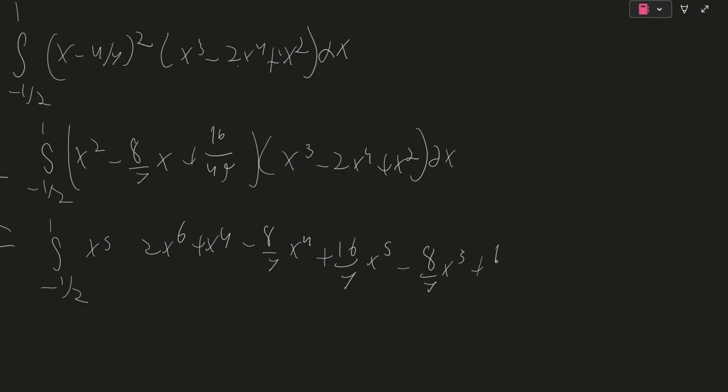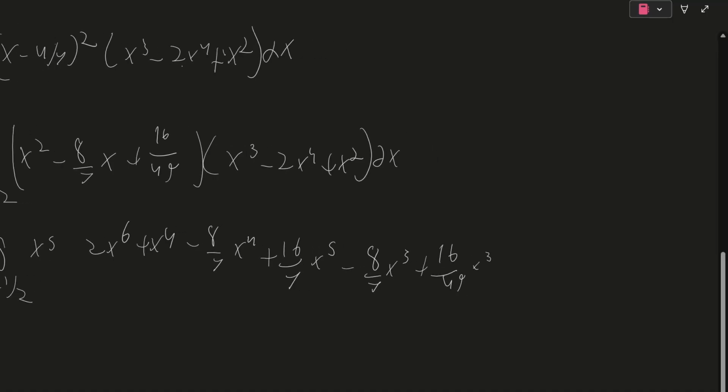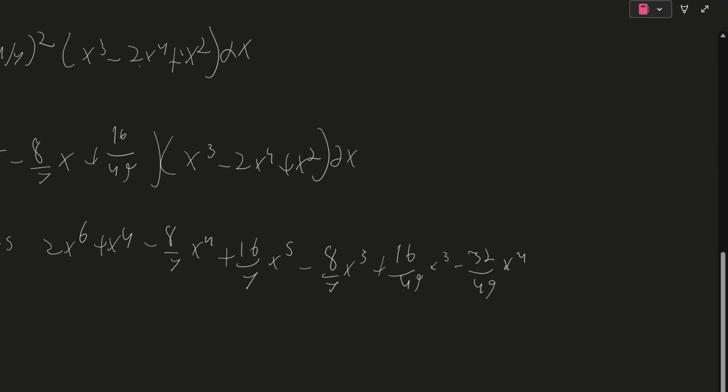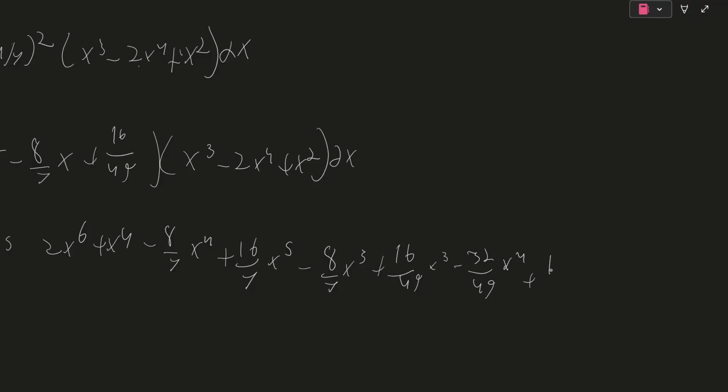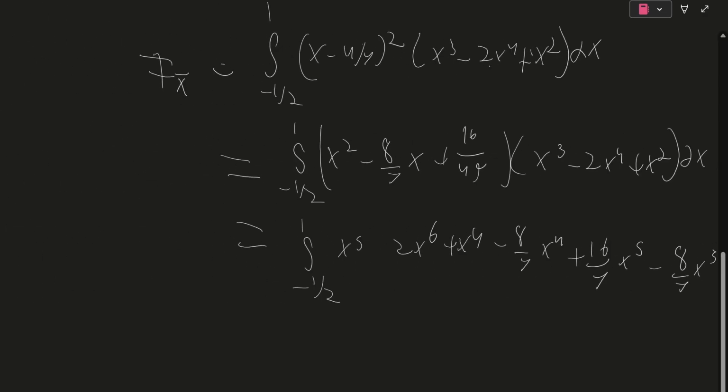Now we have plus 16 over 49 x cubed, minus 32 over 49 x to the 4th, plus 16 over 49 x squared dx.